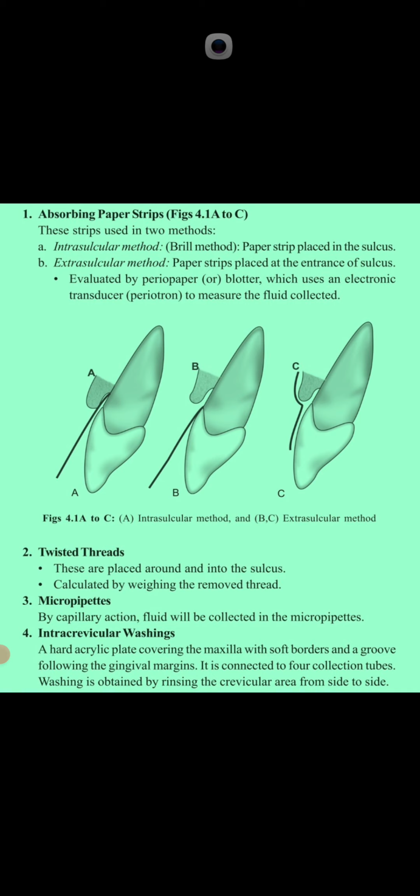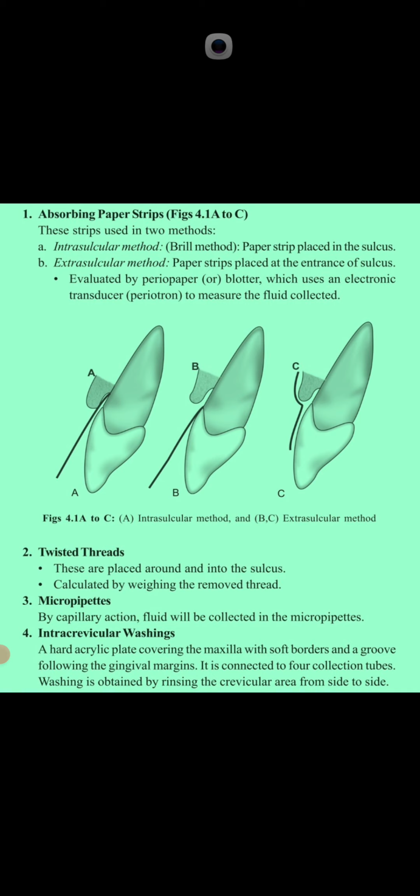Now, absorbing paper strips are used in two methods. Number one is the intracrevicular method, which is in figure 4 A to C. In A there is the intracrevicular method, also known as the Brill method, where the paper strip is placed in the sulcus.